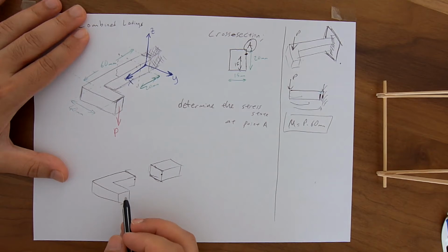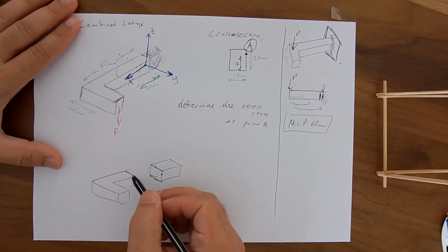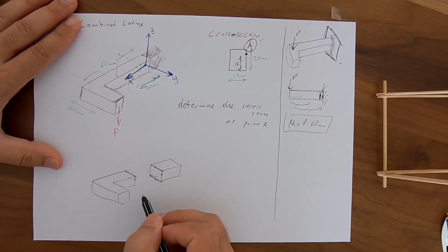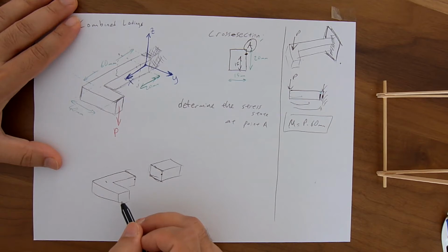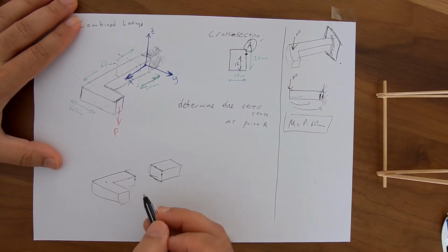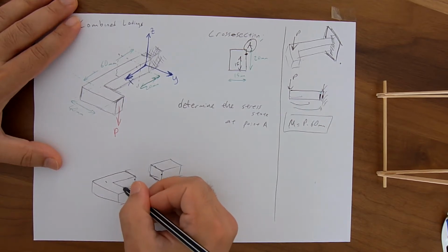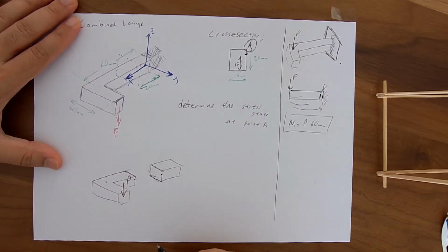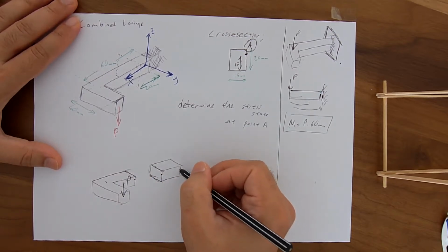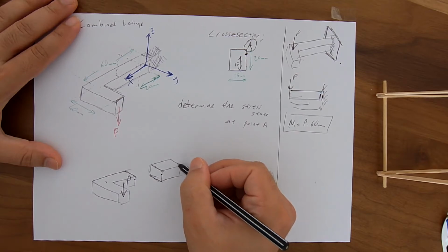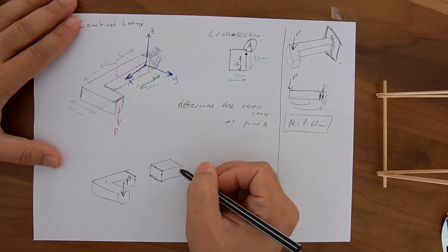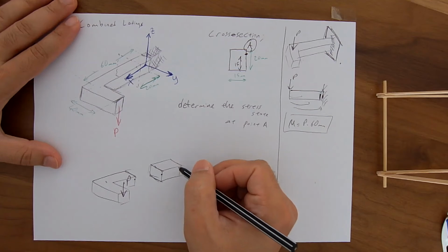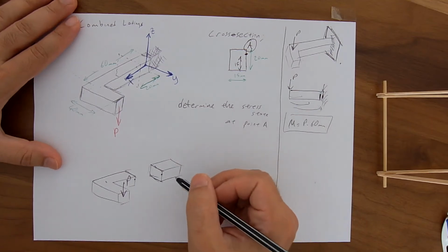So, starting with the internal loadings, we pick one of the segments. Which segment should I pick? I should pick this one because there is the known external loading here. It is P. I don't know the external loading at this end of the segment because they are reaction loadings, and I don't know what they are.